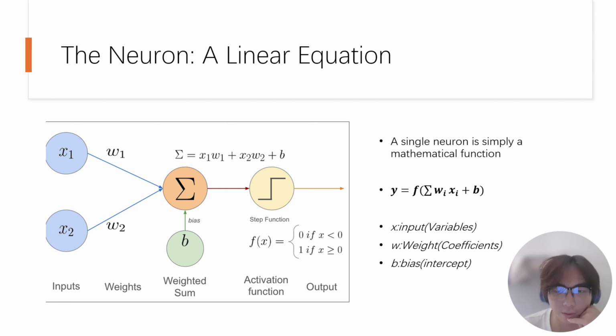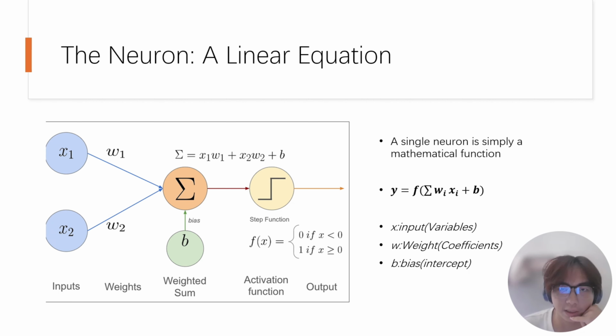X represents our input. For example, if we were predicting house price, X could be the size of the house. W, or the weight, represents a coefficient. This is the most important part. If a weight is high, the network pays more attention to that input. If it's zero, it ignores it. And b, the bias, is essentially the intercept.